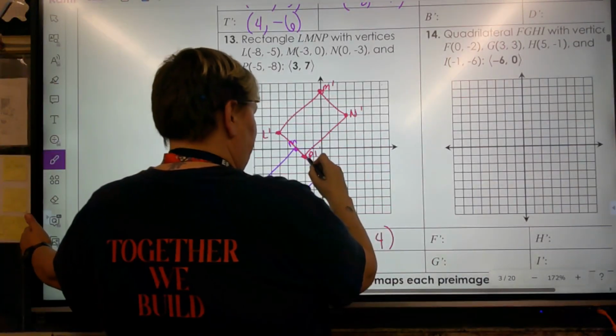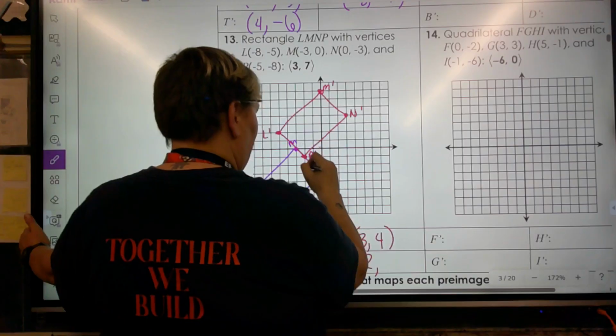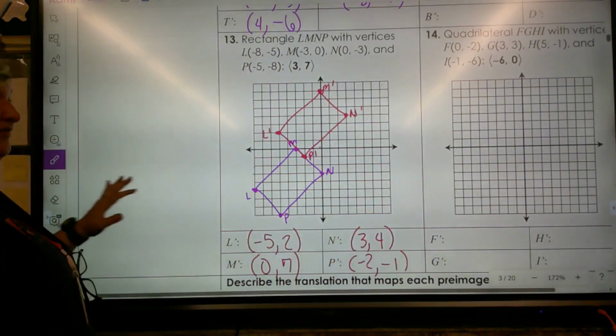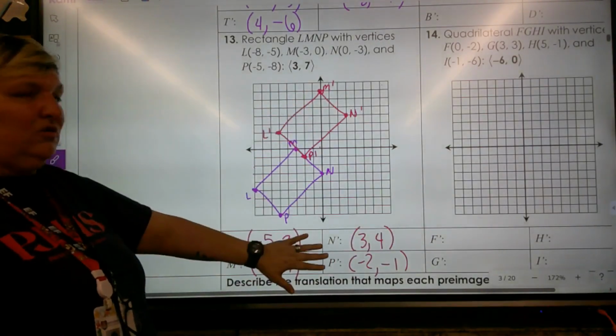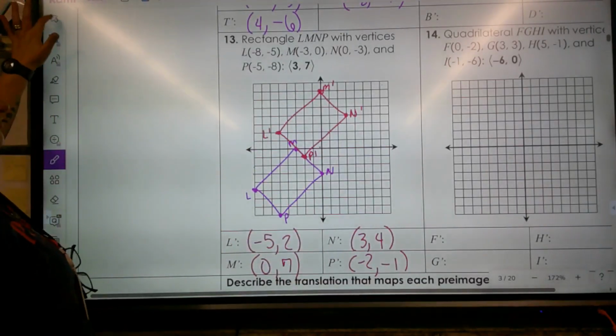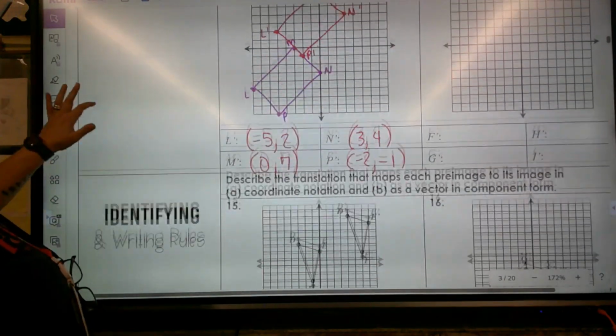And then P, I went 2 left, so -2, and I went 1 down, so -1. So whether you do it by the shape to find the coordinates, or you find the coordinates to find the shape, whichever works for you, as long as you show how you did it. Either way is fine with me.